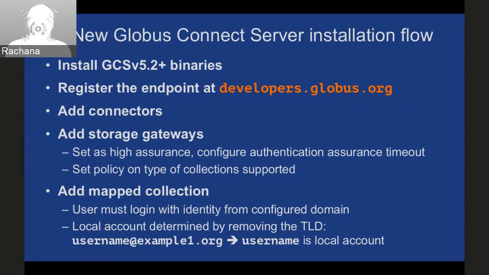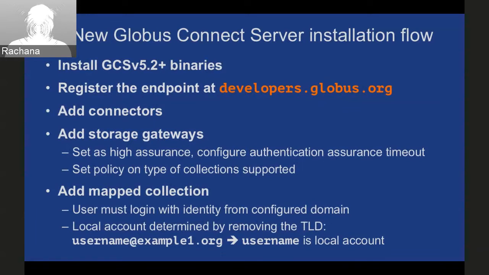But you don't use a Globus ID anymore. So you would register the endpoint that you're installing at developers.globus.org. It becomes a client to the Globus auth service. And through that registration process, you end up getting the credentials you need to manage that endpoint. So you get a client ID and a secret to manage that endpoint.